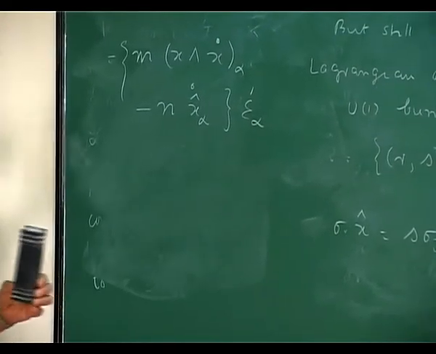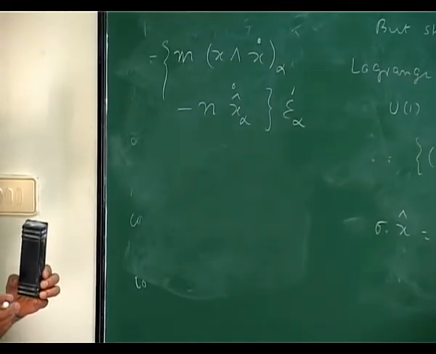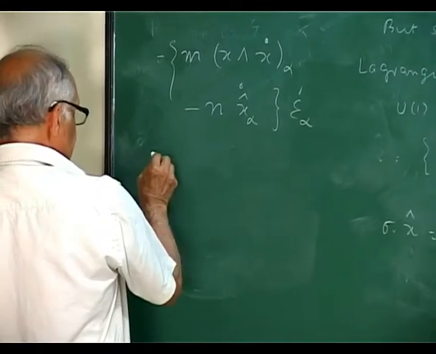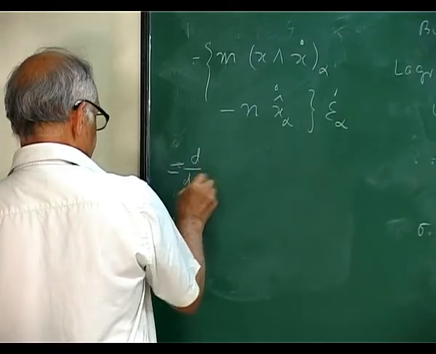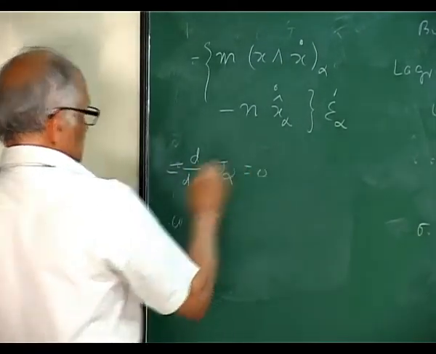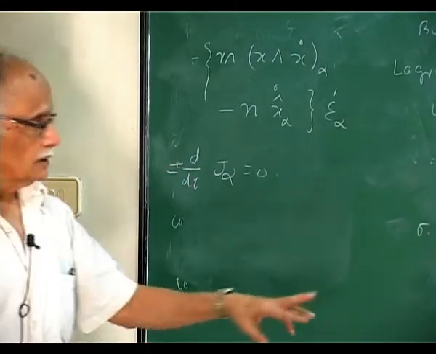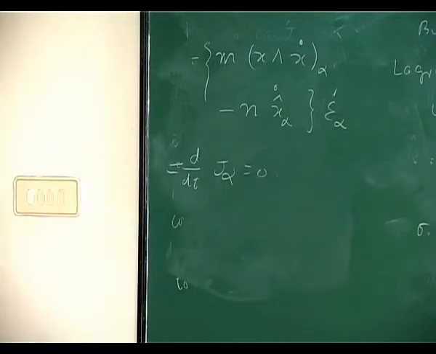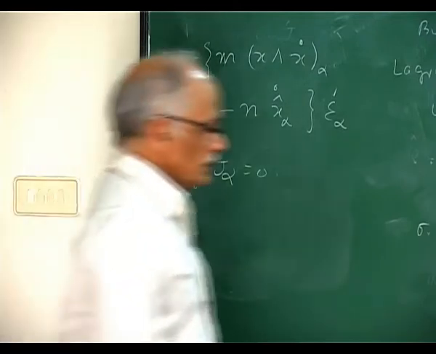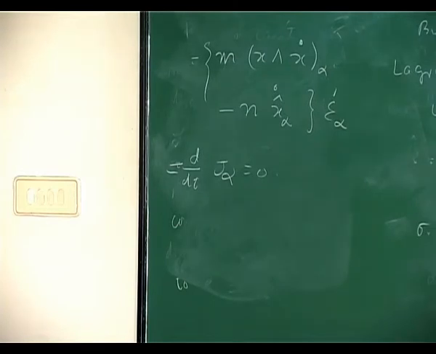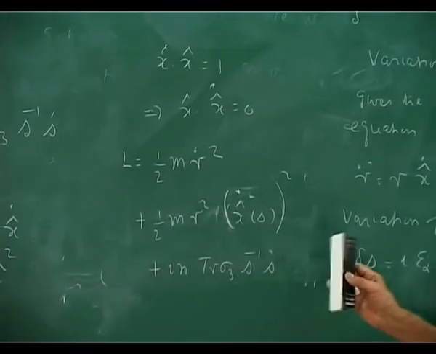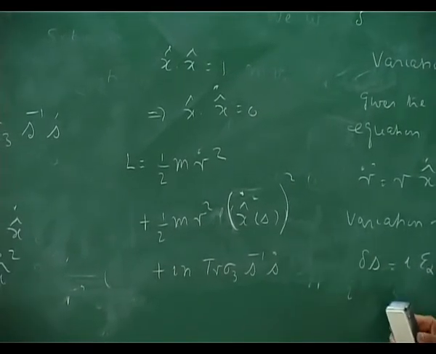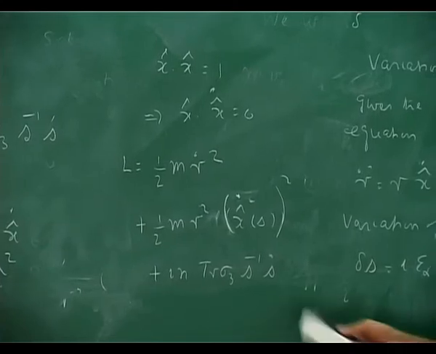So this implies d/dt of J alpha is 0 up to this sign; somewhere some sign mistake is happening. I could have taken this variation with a negative sign, I am not remembering. Anyway, the important thing is I have reproduced the conservation law, but this extra variable is there.